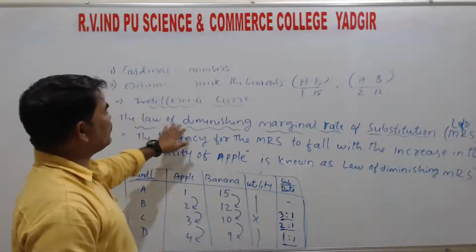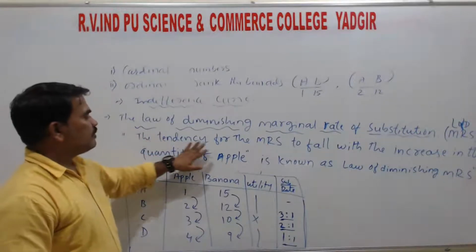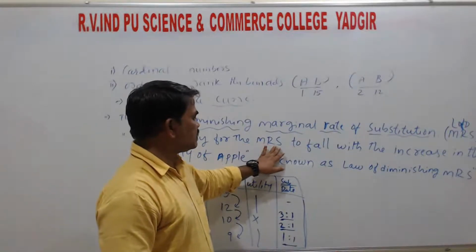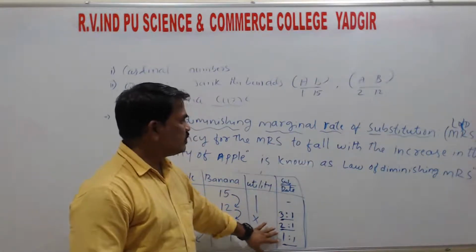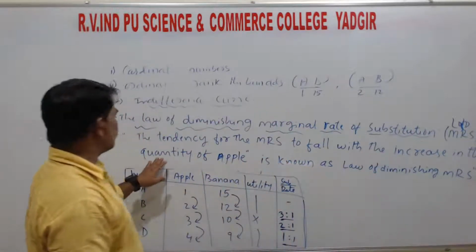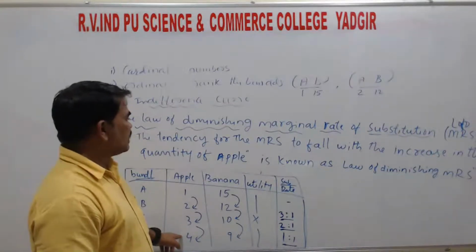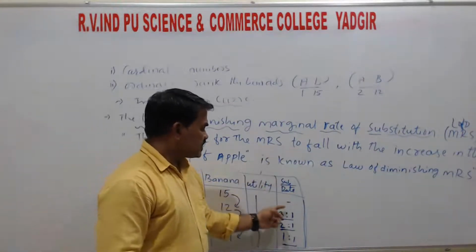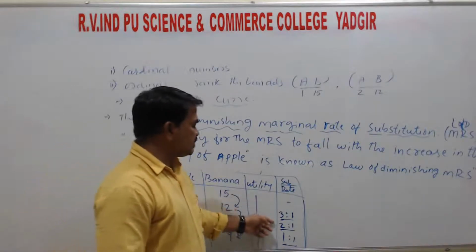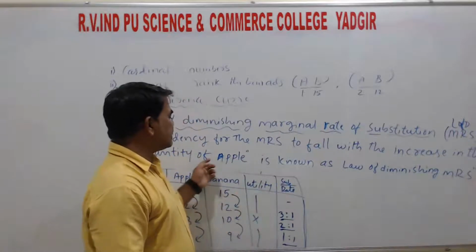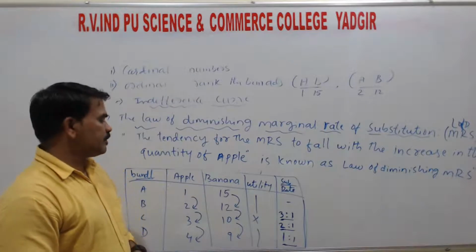Okay. The law of diminishing marginal rate of substitution means it is the tendency for marginal rate of substitution to fall, the tendency of MRS to fall with the increase in the quantity of apple. With the increase in the quantity of apple, the MRS starts falling, correct? This tendency, we know it as the law of diminishing marginal rate of substitution.